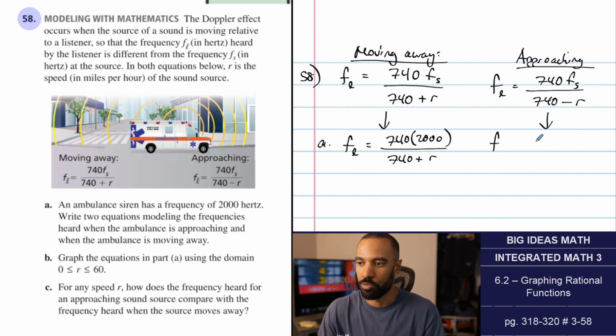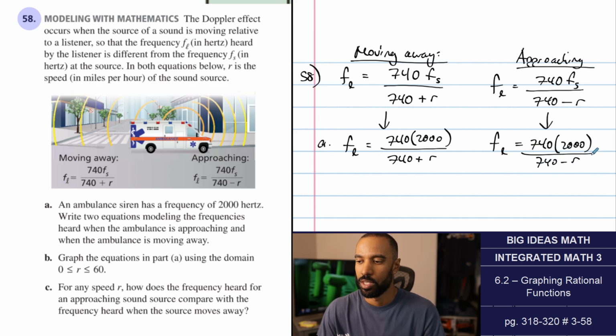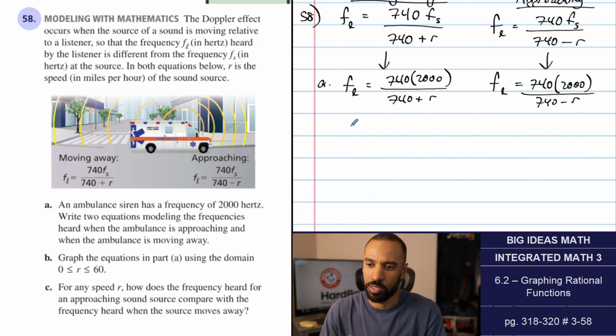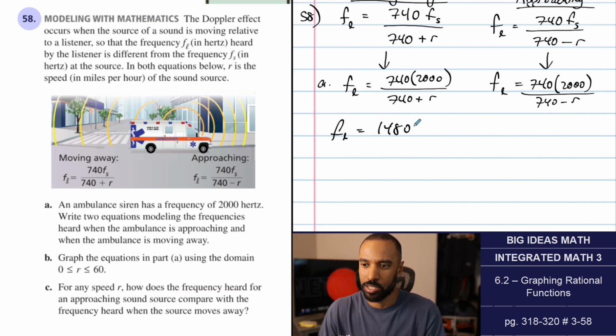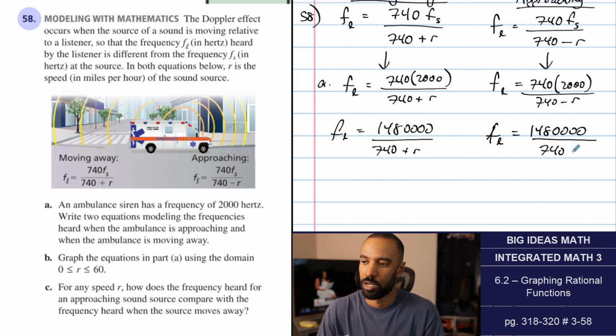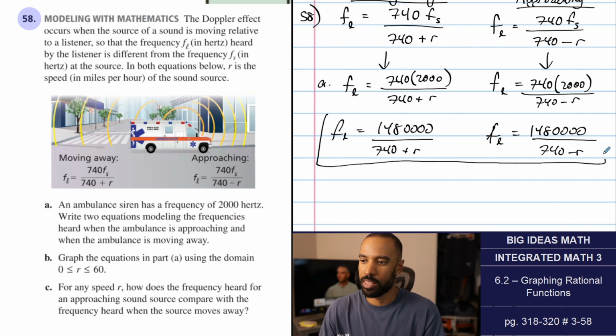And approaching, F sub L equals 740 times 2000 over 740 minus R. 74 times 2 is 148, so this will be 1,480,000, and same thing for minus R. Okay, so that's part A, the moving away and approaching.